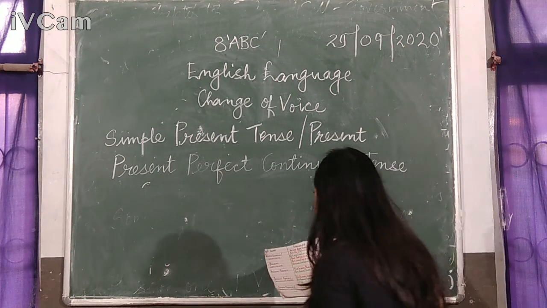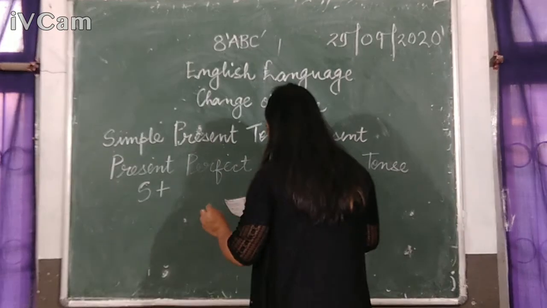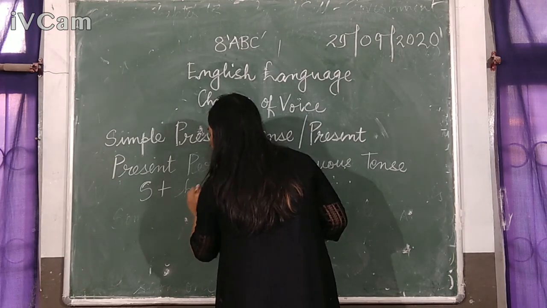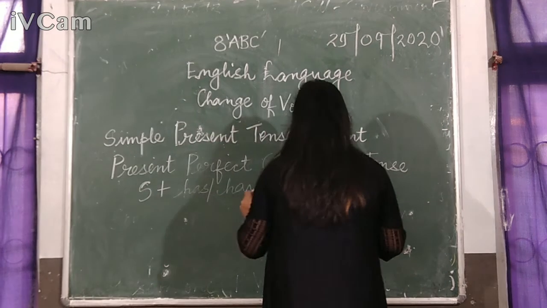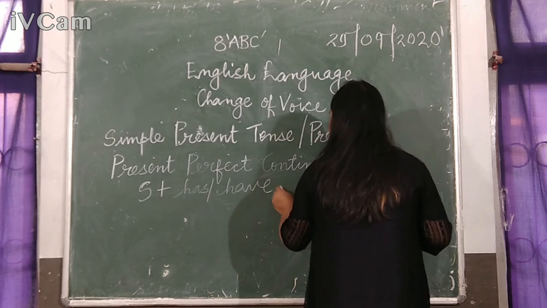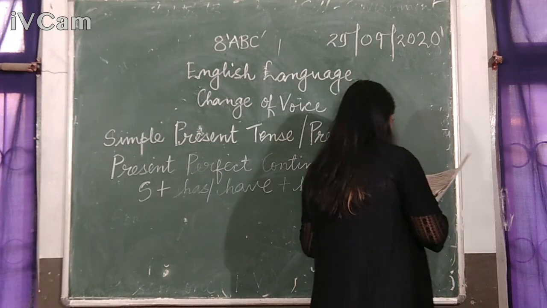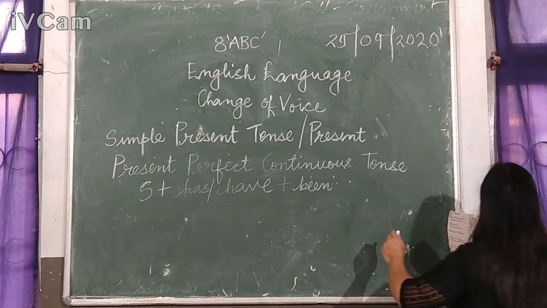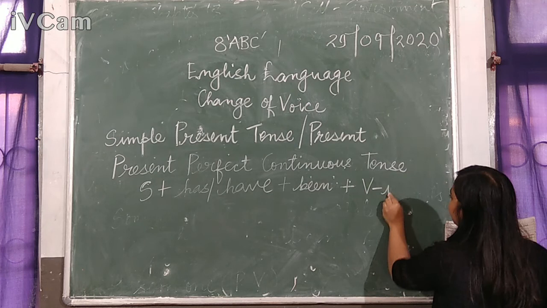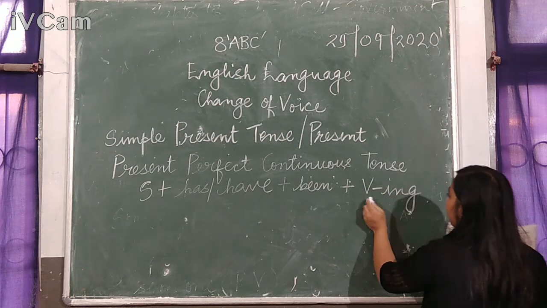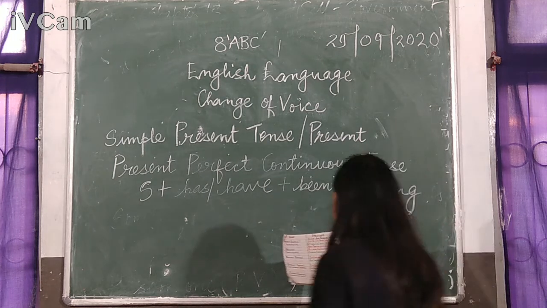Okay, so the structure goes like this in the active voice. Subject has to be there. Has or have, it has to be there. Plus been has to be there. Plus ing form of the verb, since it's a continuous tense. You can call this one the fourth form also, or the ing form of the verb.